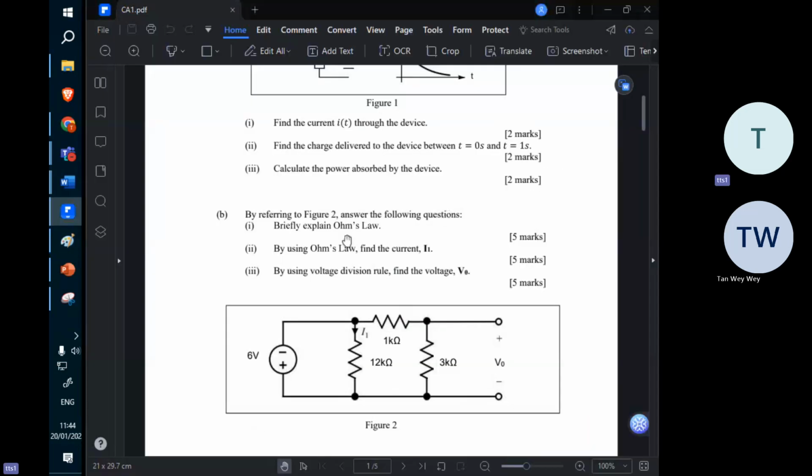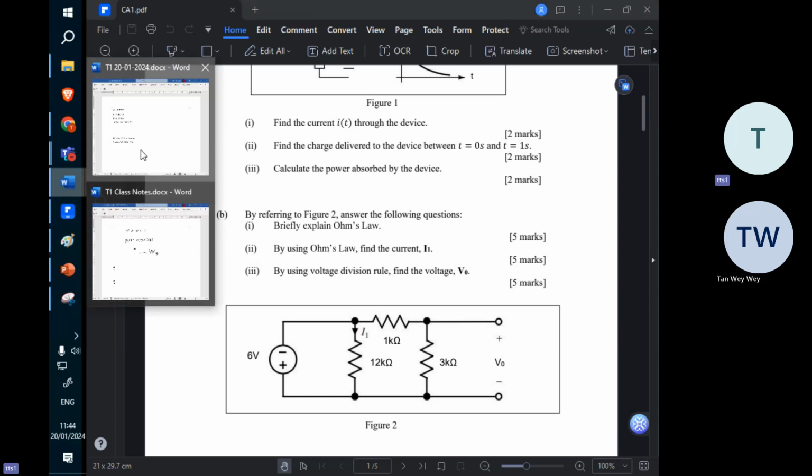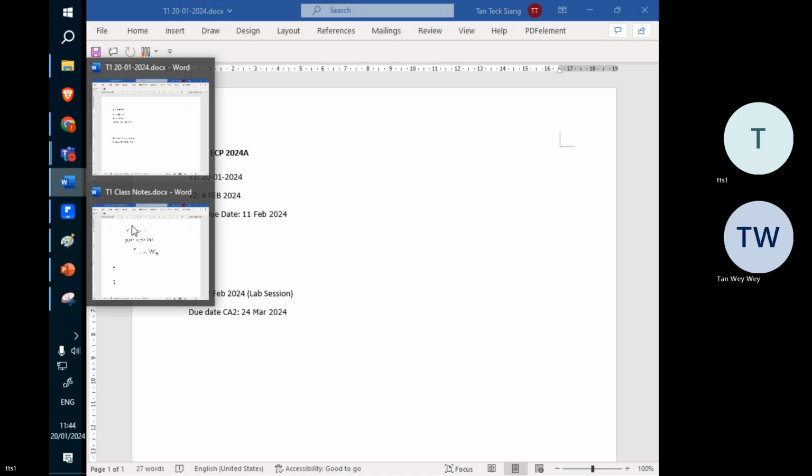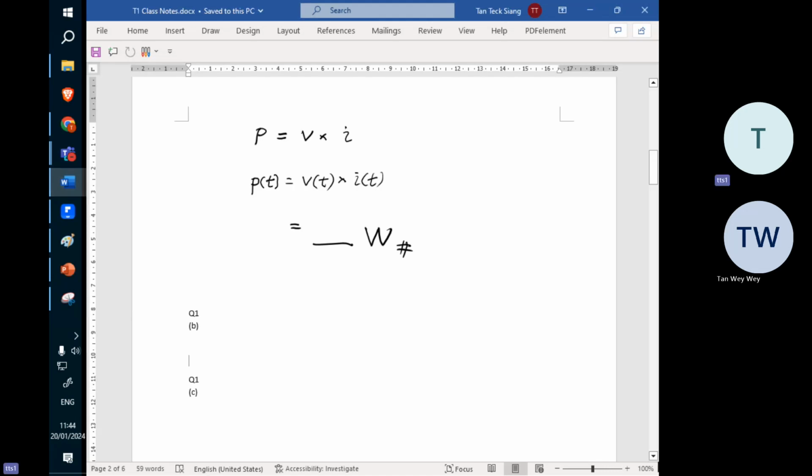So you can try to answer this question, a 5 marks question. You can use words and figures together to help you explain. Preferably you use both. What I would suggest is that on your answer sheet, first you describe what Ohm's law is in words.